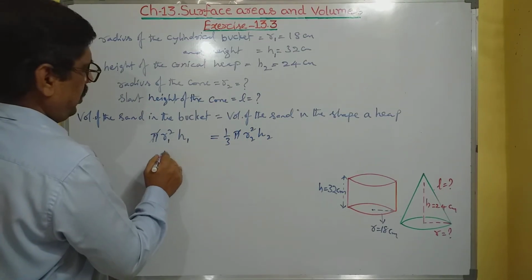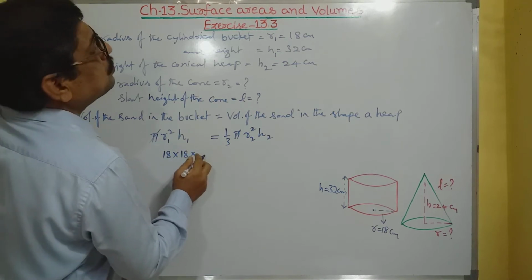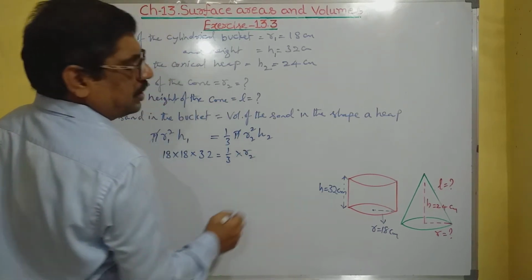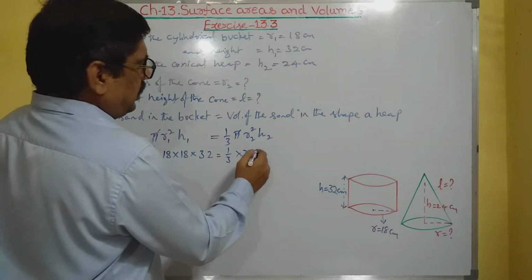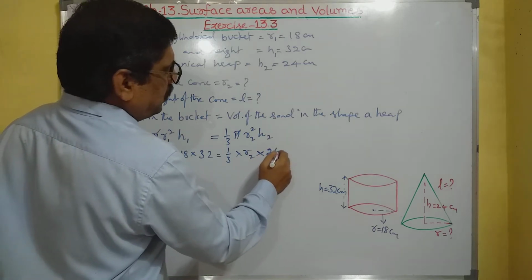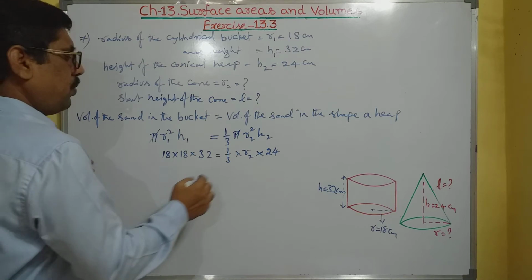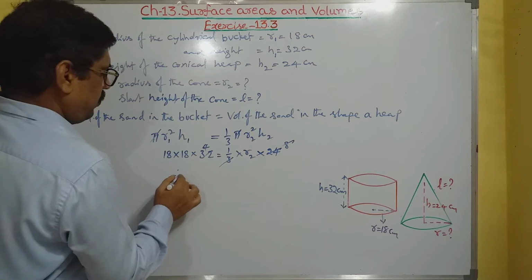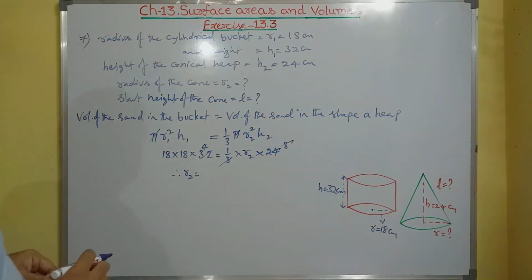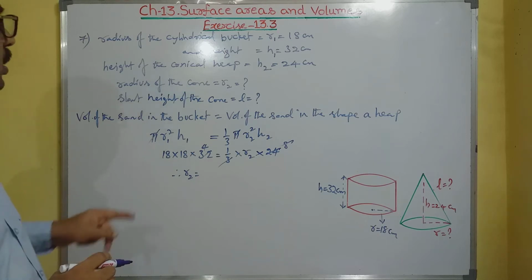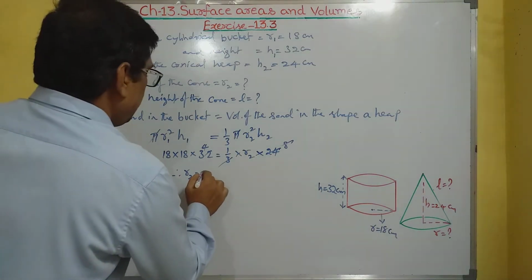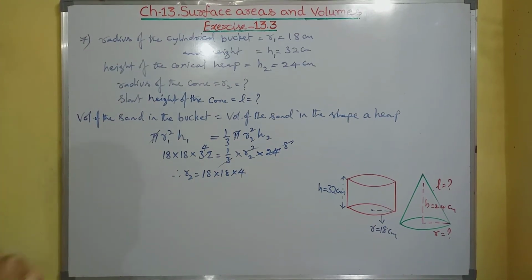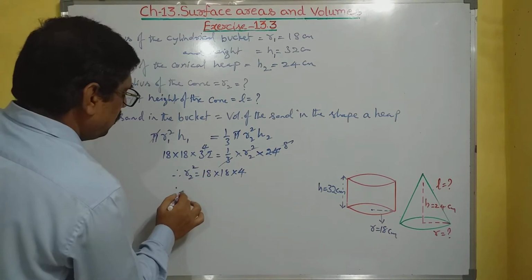Here r1 square is 18 into 18, h1 is 32, and 1 by 3 into r2 square, radius of the cone is not given, and the height of the cone is 24. Now we can cancel 3 8's are 24 and 8 4's are 32. Therefore, R2 square is equal to 18 into 18 into 4.